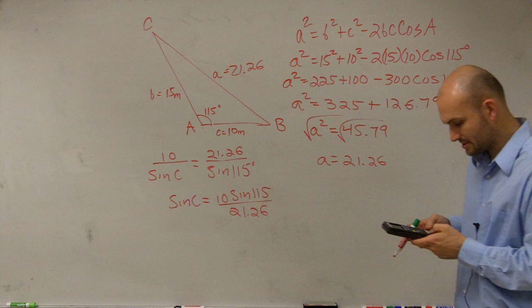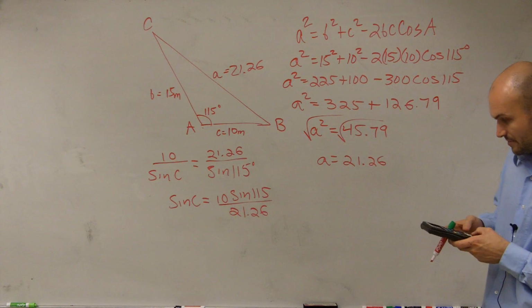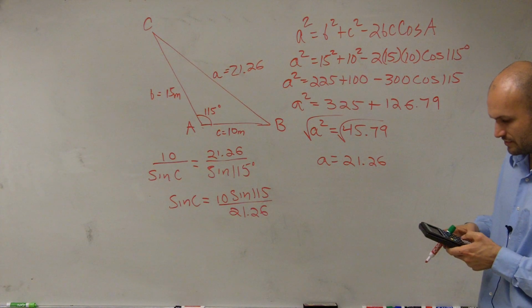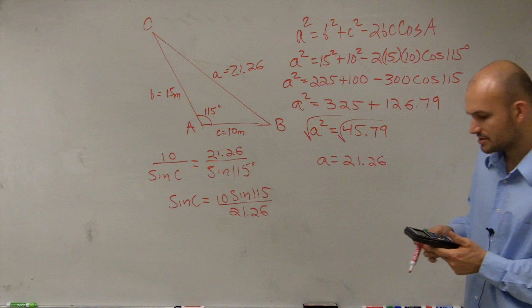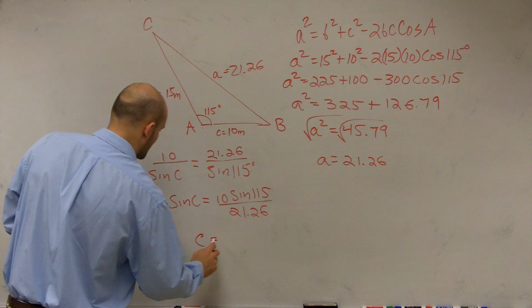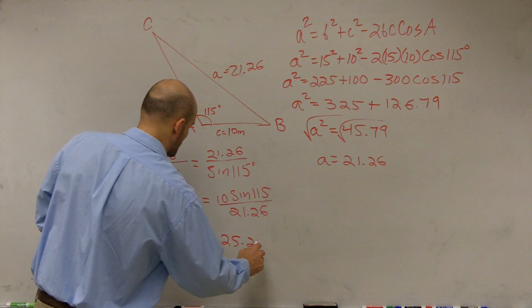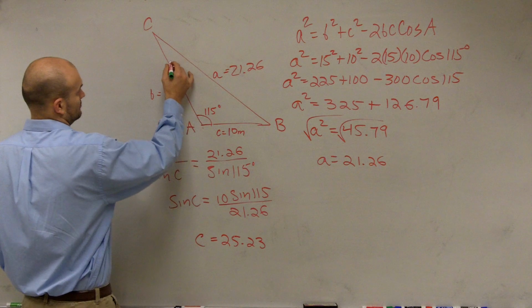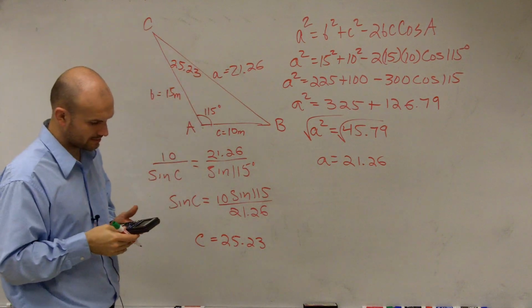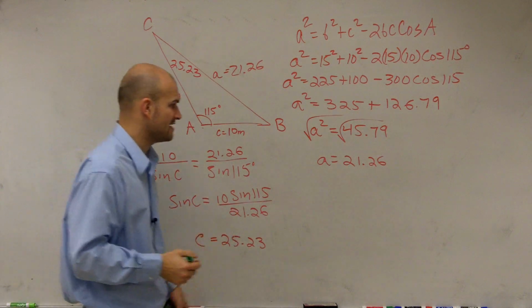So do 10 times the sine of 115 divided by 21.26, and then inverse sine of that answer is going to be 25.23. So we could say C is equal to 25.23. You get your decimal, and then you take the inverse sine to find that value.